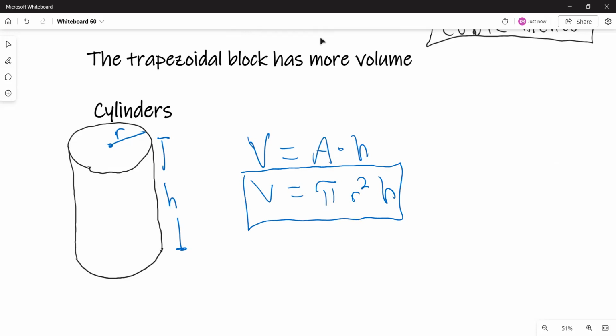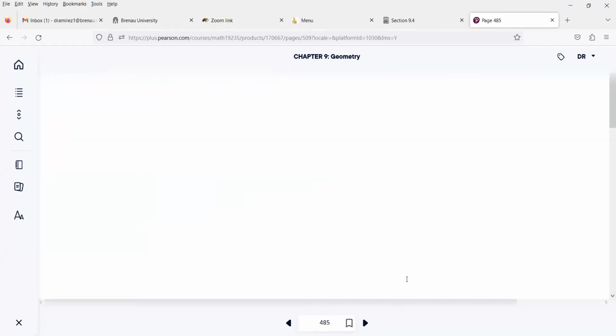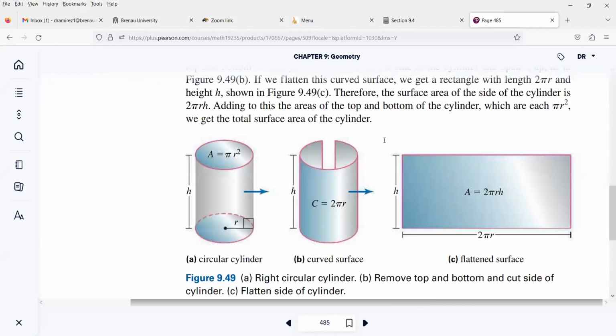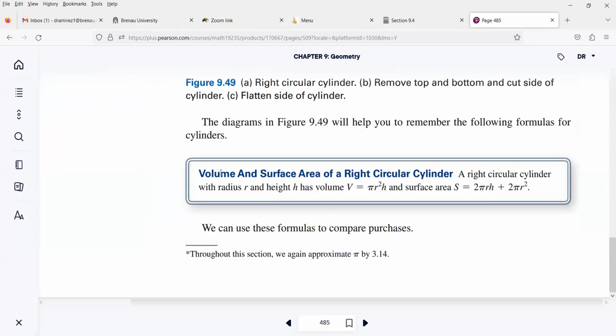And the surface area, I'm not going to go over the details, but to obtain the surface area, you can do that by cutting the cylinder and then flattening it. So the area of the sides is going to be 2 pi r h, and I'm just going to copy the formulas.